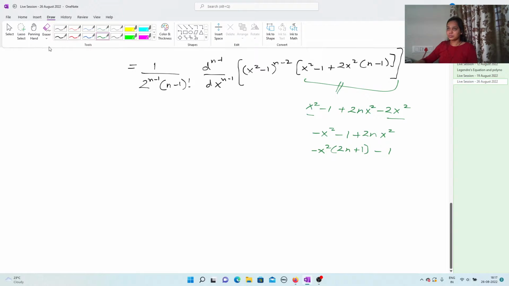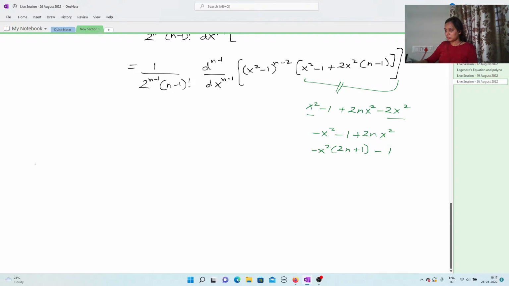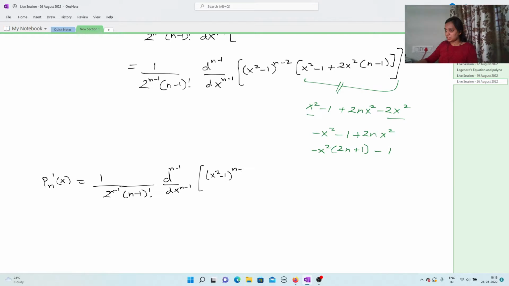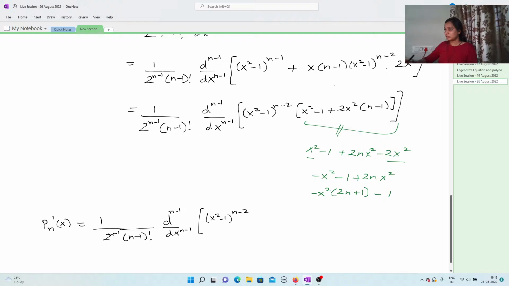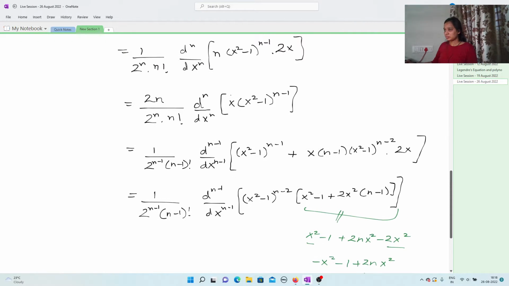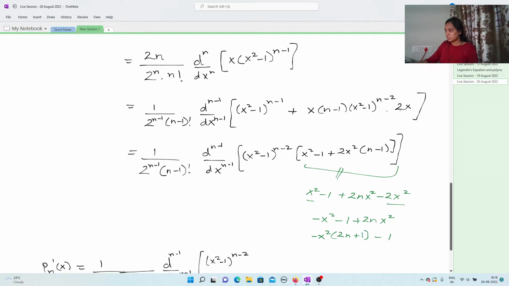Alright. So what Pn dash of x becomes is 1 over 2 to the power n minus 1 into (n minus 1) factorial into d by dx to the power n minus 1 of (x square minus 1) to the power n minus 2.